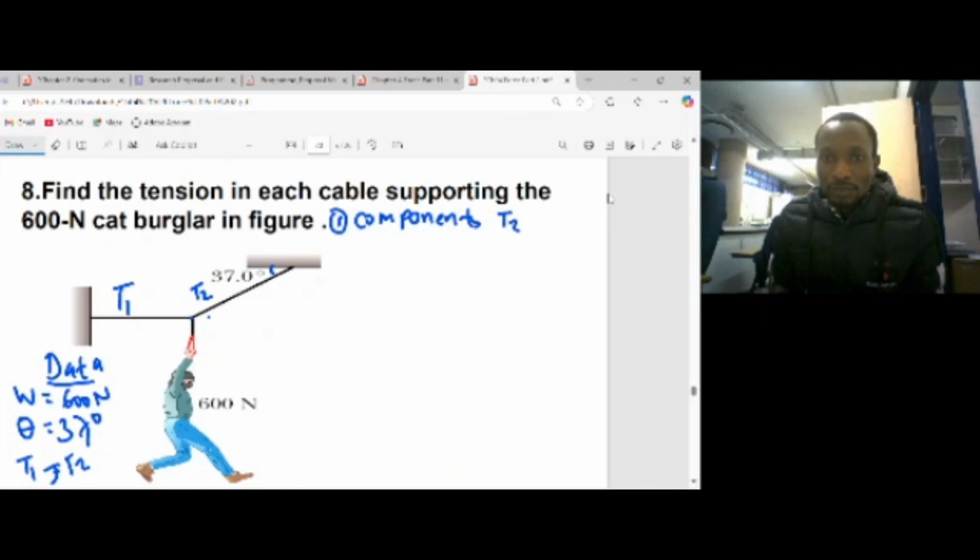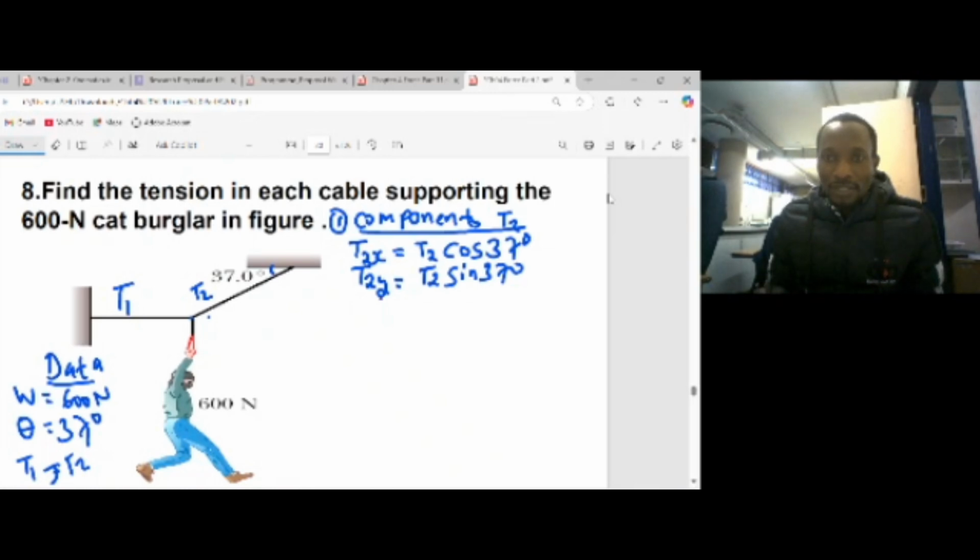In the x component, T2x is the magnitude of T2 times cos 37. Remember, it is on the x-axis, so we say cos theta, and theta is 37. T2y is going to be the magnitude of T2 times sin 37. Now it is sine instead of cos because you are looking at the y component.